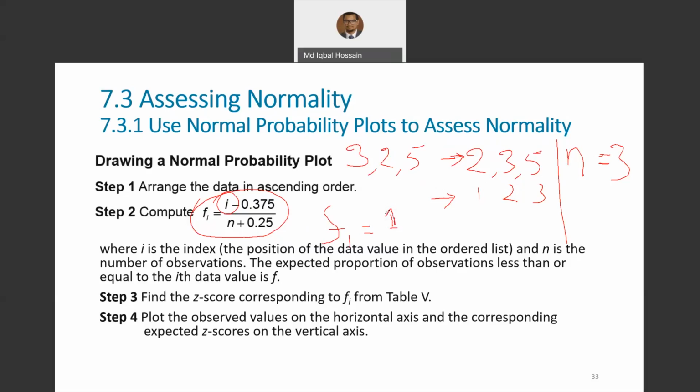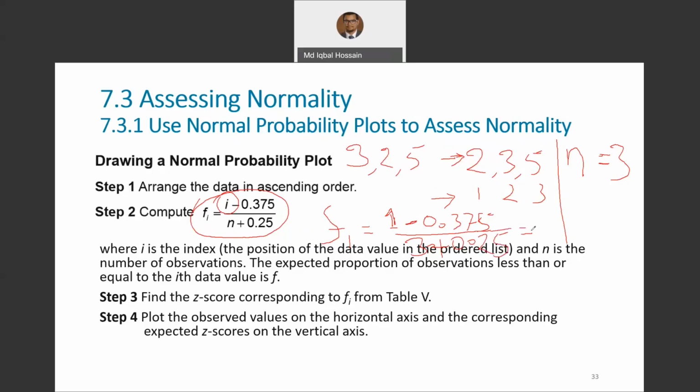Which is 1 negative 0.375 divided by, we have n is 3 for that case, and 3 plus 0.25.